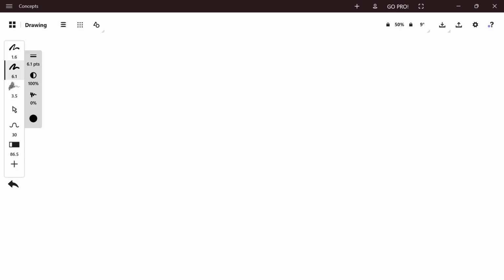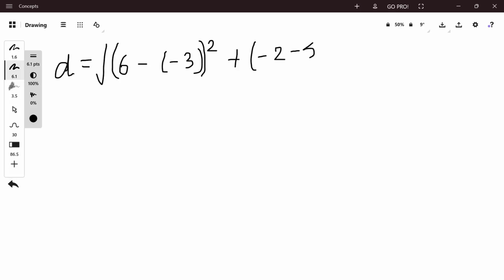Substituting with the given coordinates, we have d is equal to root of (6 minus minus 3) whole squared plus (minus 2 minus 5) whole squared.